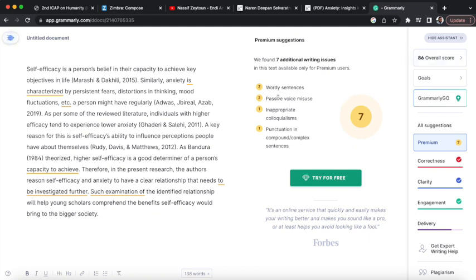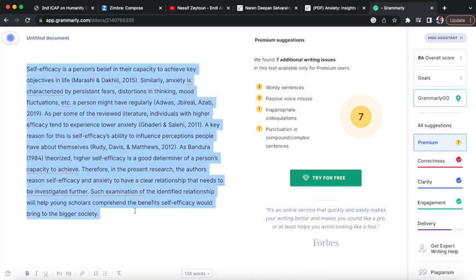And likewise, I have some wordy sentences, I have passive voice misuse, I have some inappropriate colloquialism, I have some punctuation related issues. So these issues need to be corrected. That's the purpose of why we are doing this. Now you can change this until you get a better score. Now I'm not going to do the entire thing here.